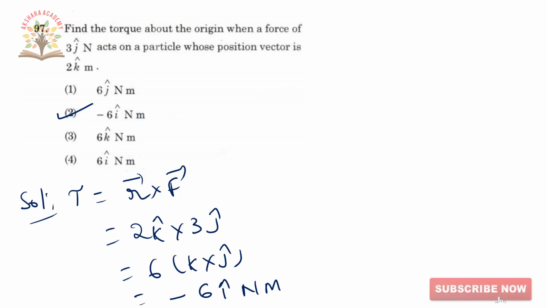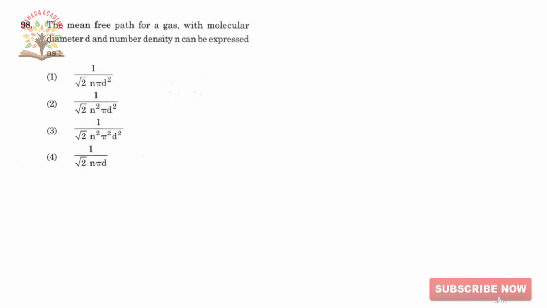Next go to question number 98. Question number 98. This is a direct question. Here this is the answer. Mean free path for a gas with molecular diameter d and number density n can be expressed as, the first option is correct. In this, the first option is the right option. And go to question number 99.